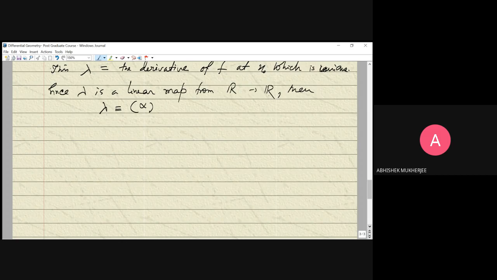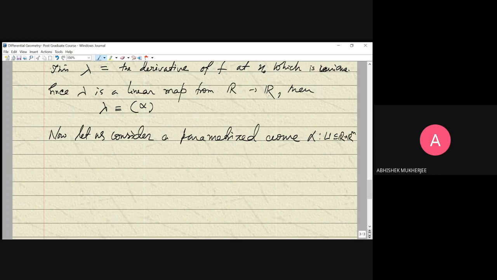So okay, so let us consider now a parameterized curve alpha from U subset of R to, suppose, Rm.